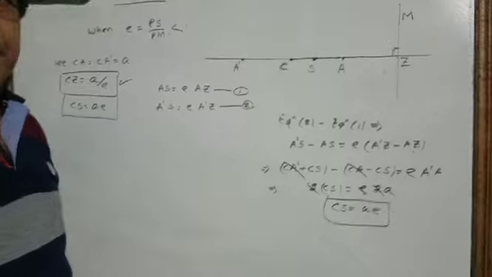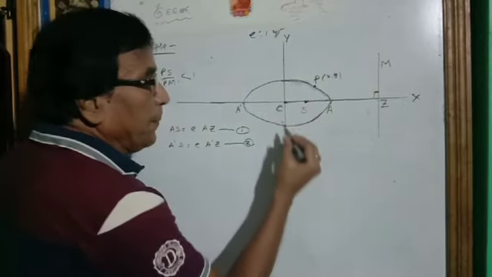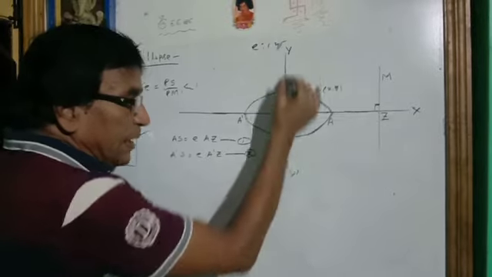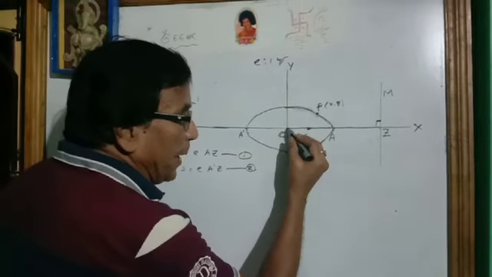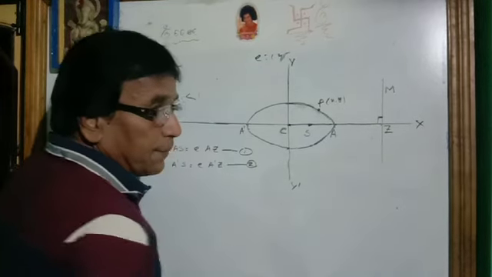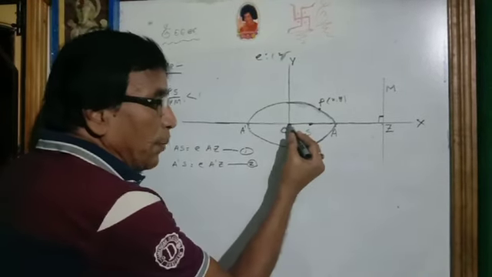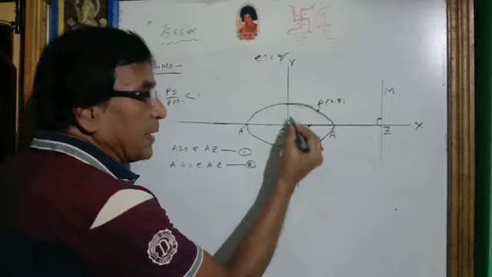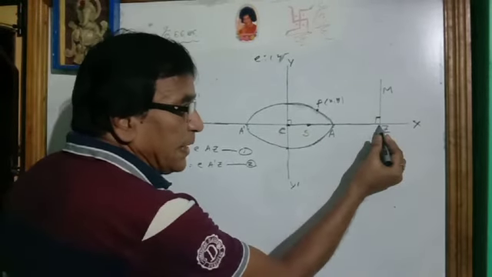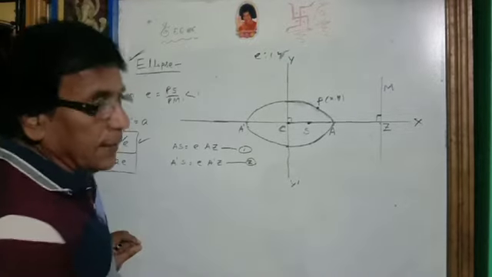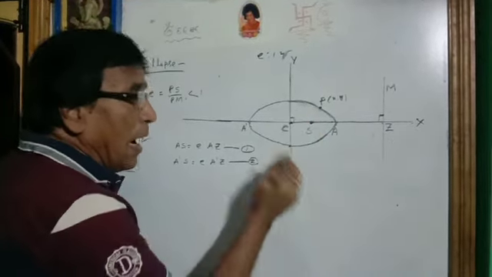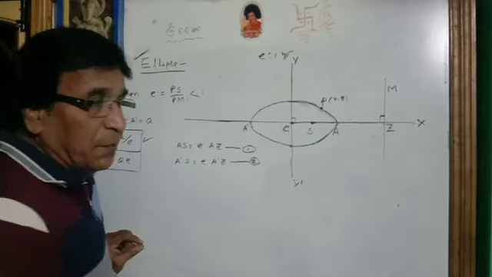Through the point C, the straight line CY is drawn perpendicular to CZ produced up to X. The straight lines CX and CY are taken as the axes of coordinates.